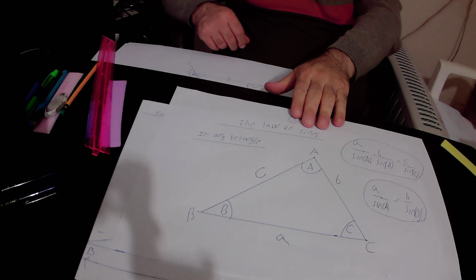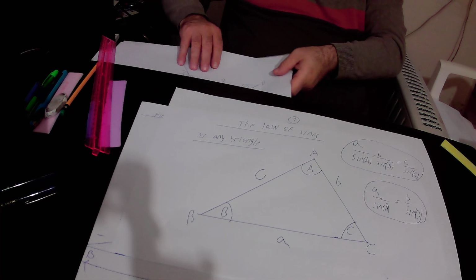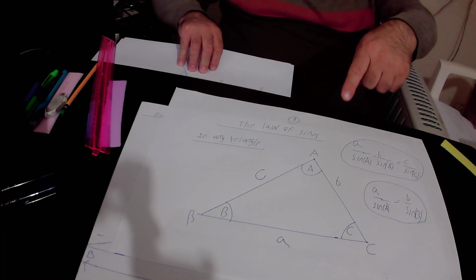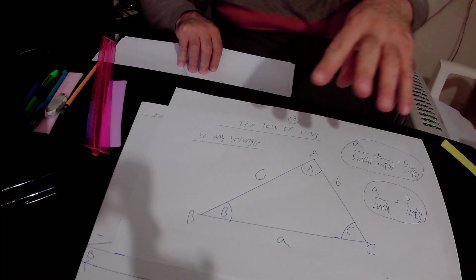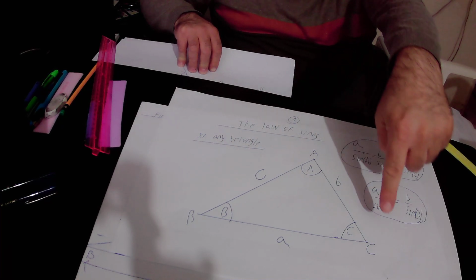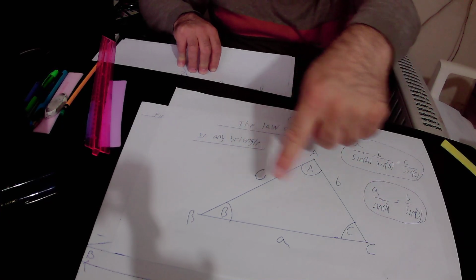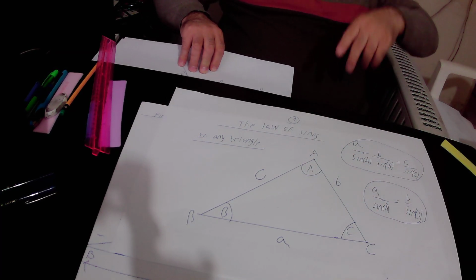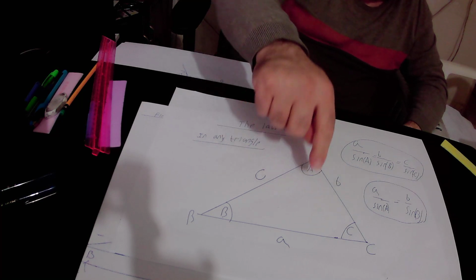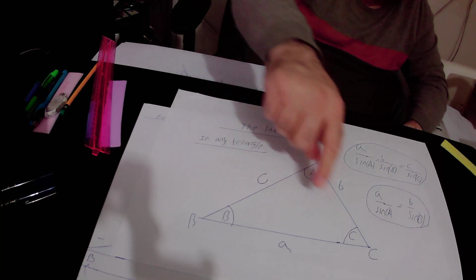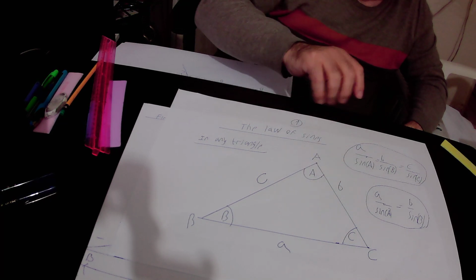In any triangle, if we know that this is triangle ABC, that could be any triangle, the length of AB is C units, the length of side AC is B units, and the length of side BC is A units. According to the law of sines, A over sine A equals B over sine B equals C over sine C.